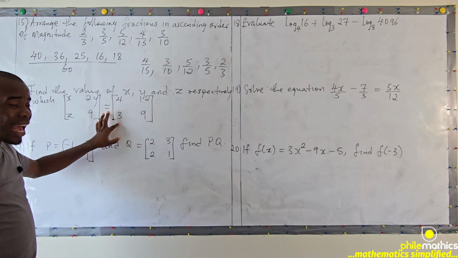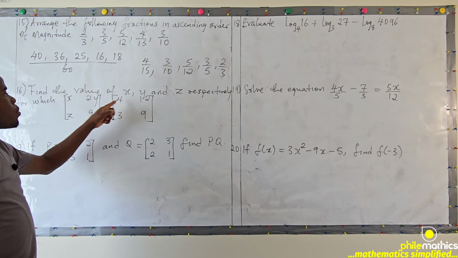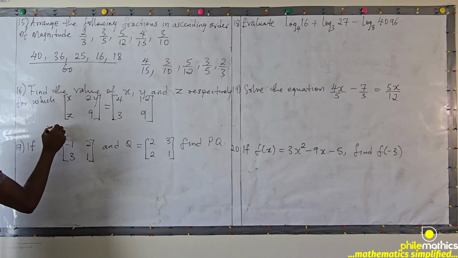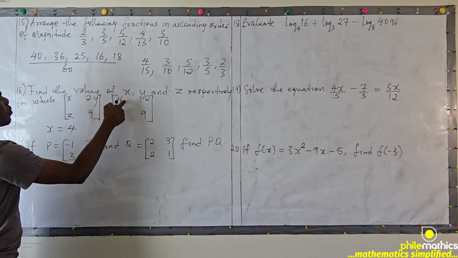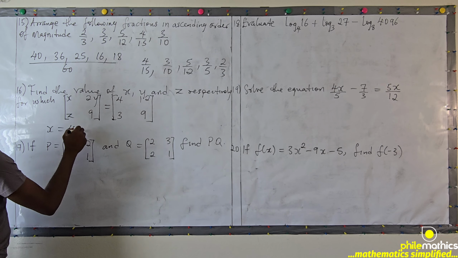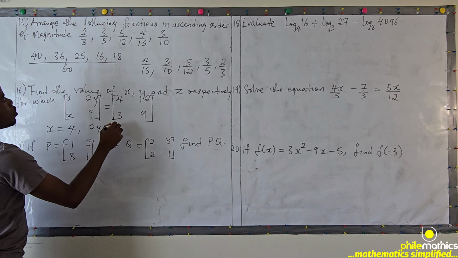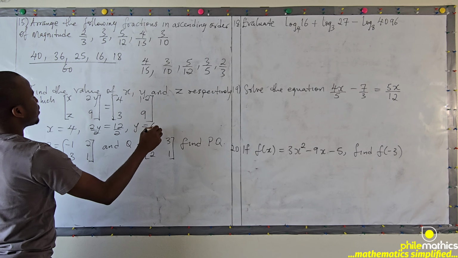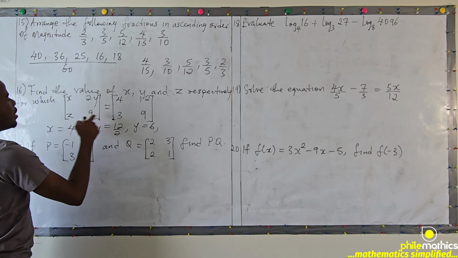They are of the same size and their corresponding entries have to be the same. So for that reason, x is 4, 2y has to be 12, so if you divide by 2, y is 6, and then z has to be 3. So in order, we have 4, 6, 3.